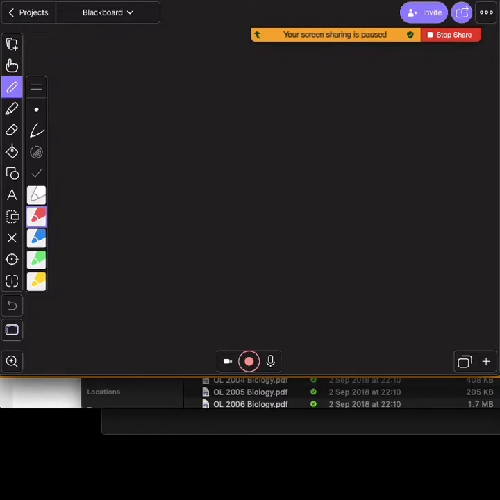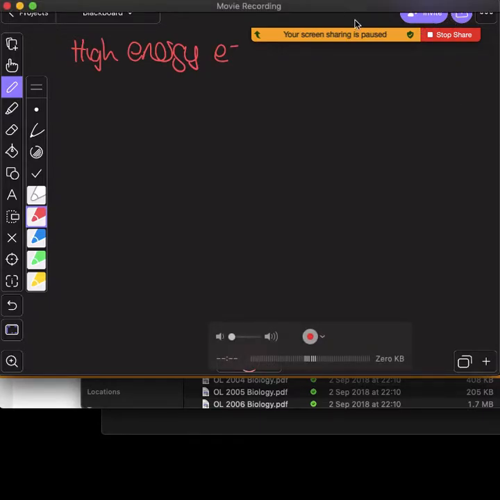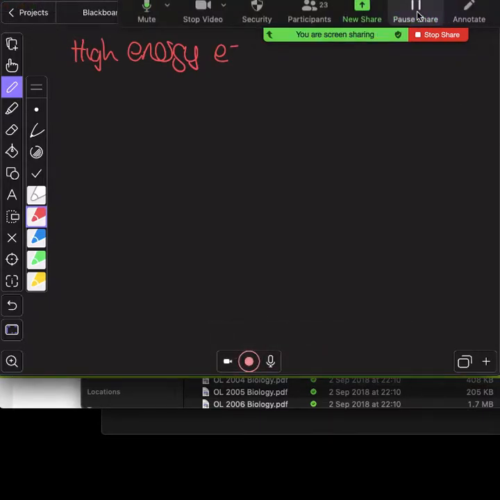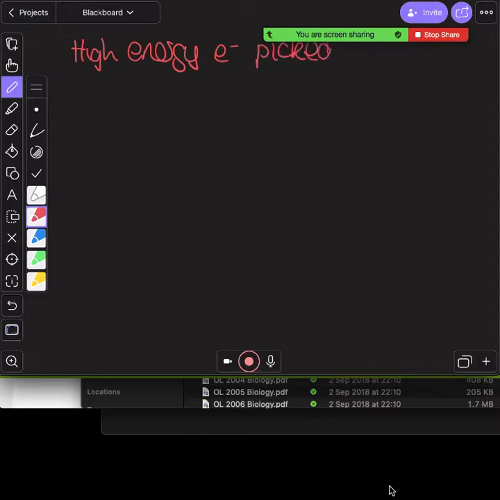Alrighty, so you're on page 214. I'm going to try and color code it for you. So we have our high energy electrons. Miss, the same thing is still on the screen. Okay, thank you. That better? Thank you. So high energy electrons, and they're going to be picked up by your electron acceptor.